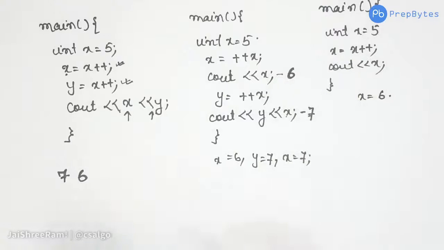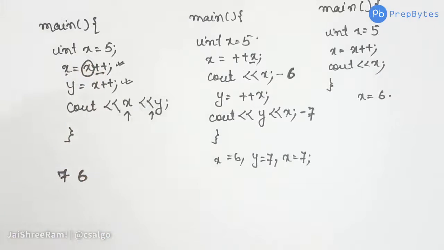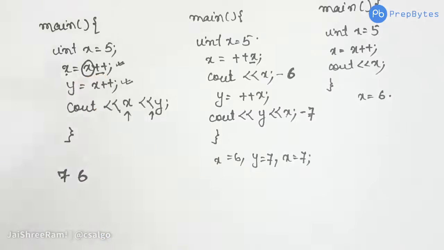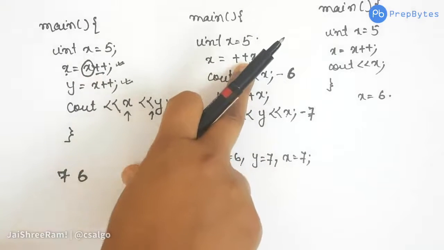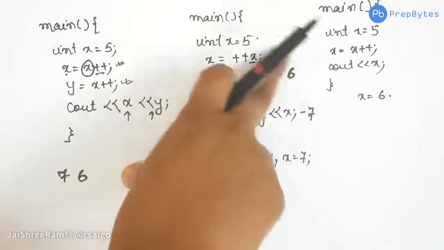Let's see what's happening here. So what happens in postfix is, first the original value is returned and then the increment operator is performed. In case of prefix, the value is updated with the increment operation and then the value is returned.